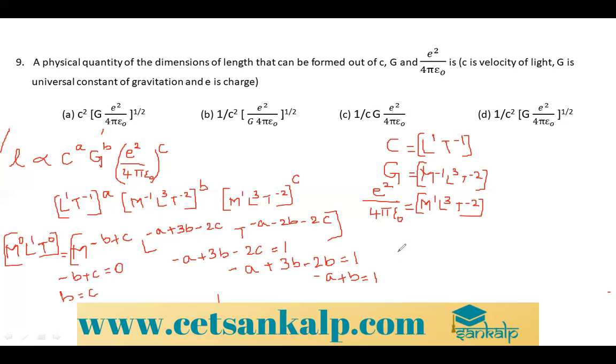So finally, I can write that as minus A is equal to, okay. So you keep this as it is. Okay. Next, minus A minus 2B minus 2C is equal to 0. Okay.